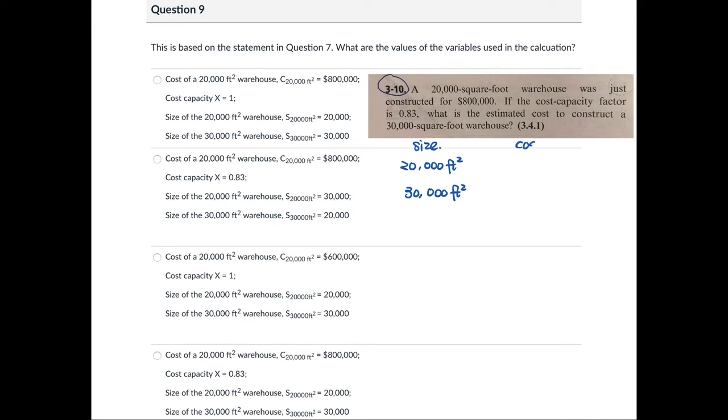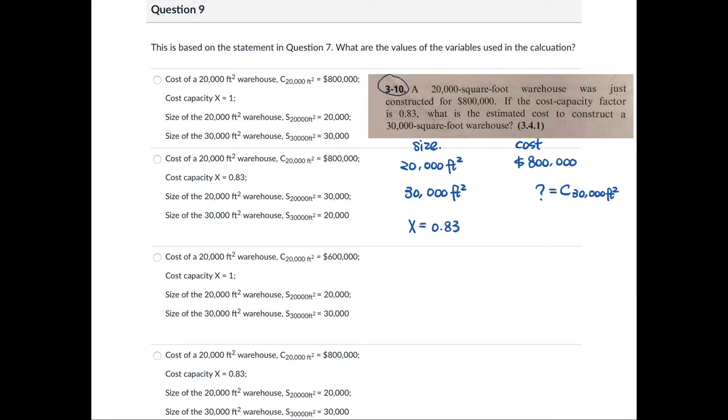And then you have another information, that's the cost. So for the 20,000, the cost is 800,000. And now you want to know what is the cost for the 30,000. Okay. So what is the C 30,000 square foot warehouse? Another thing you know is the X, which is 0.83.